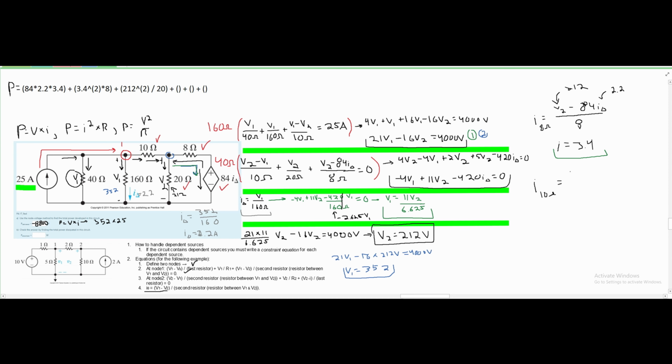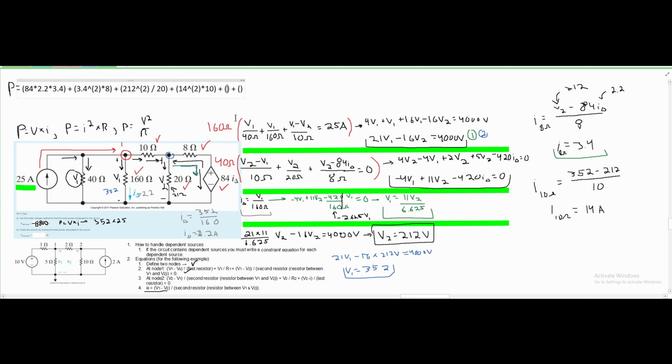Well, we know our V1 to be 352 volts, and this is being subtracted from our V2, which is 212 volts. This is over the resistance between them, which is 10 ohms. And so we're going to get that our I of 10 ohms is equal to 14 amps. Plugging this into our power equation, we have 14 squared, and this is being multiplied by the resistance, which is 10.